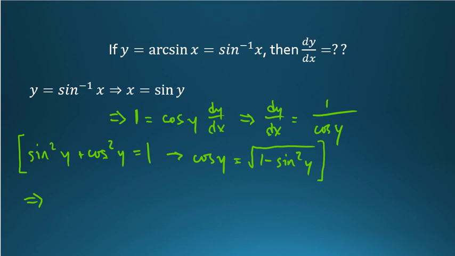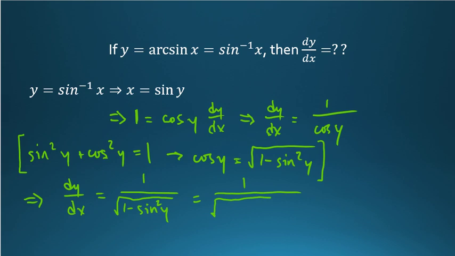So this means that dy over dx is equal to 1 divided by the square root of 1 minus sine squared y, which is also the same thing as 1 minus sine of y squared, right there. These are just two different ways to say that same thing.